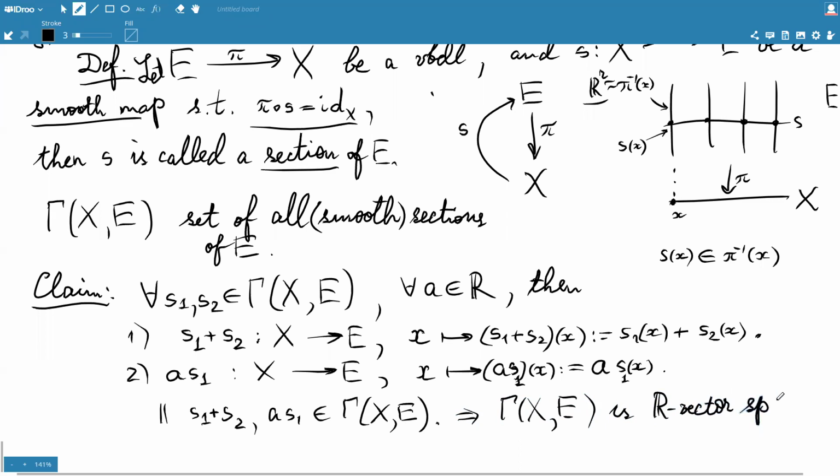And this is called the space of sections. So instead of saying the set of sections, we'll now call it the space of sections.